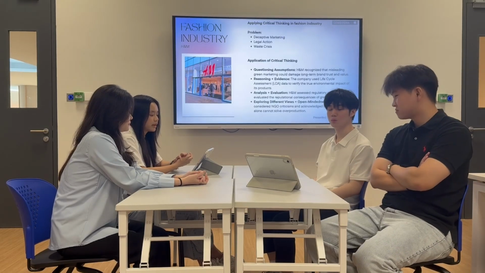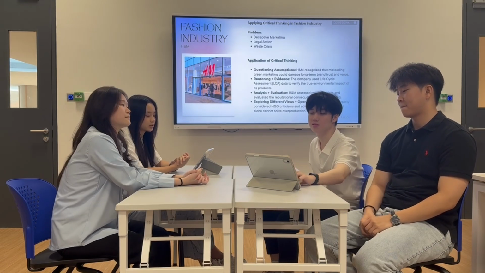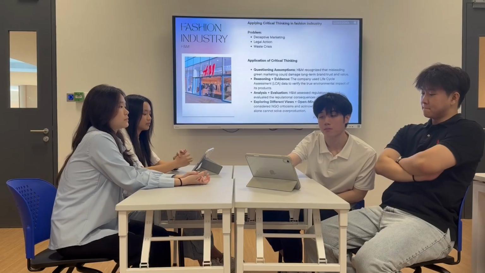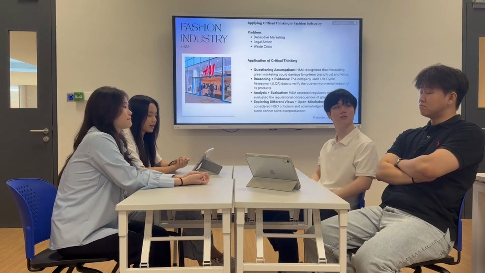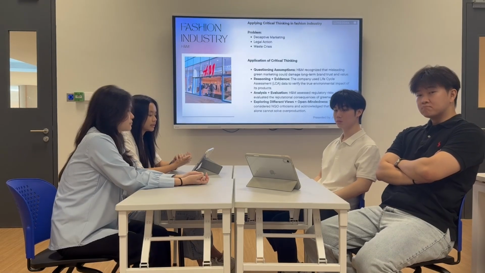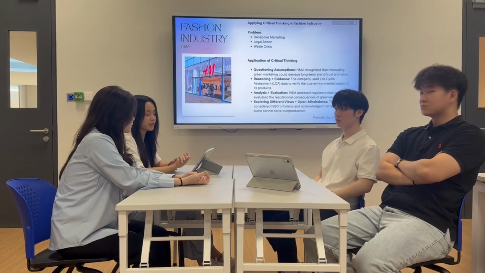Third, there was a waste crisis. Even though H&M promoted in-store recycling bins, investigation revealed that large amounts of collected clothing were dumped in Ghana wetland. This created environmental harm and raised serious concern about whether the company's recycling system was truly effective.